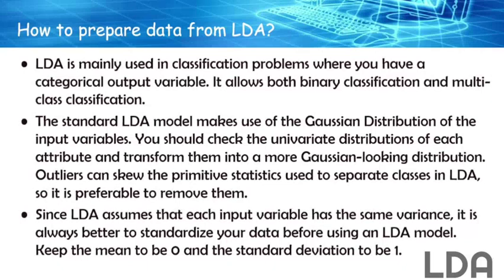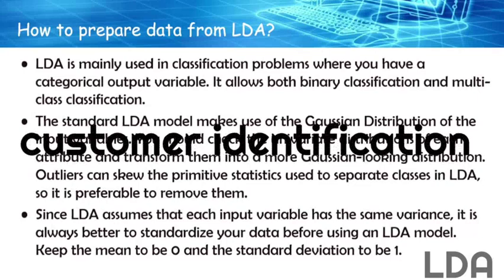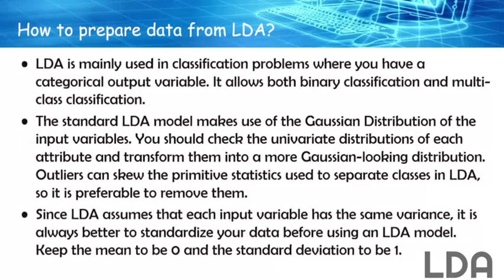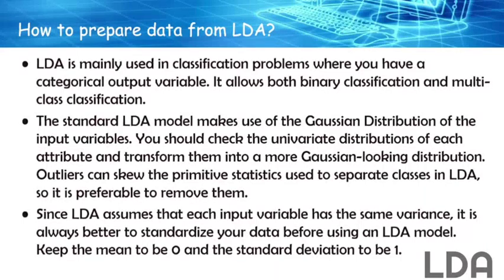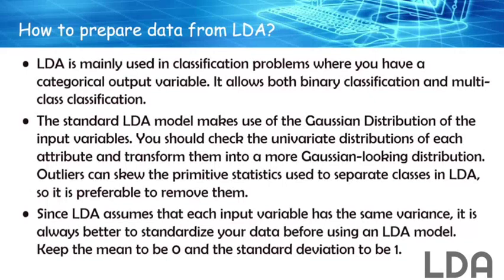Another very common application is customer identification. With the help of LDA, we can easily identify and select the features that are specific to the group of customers who are likely to purchase a specific product in the shopping mall. This helps identify the group of customers who are mostly going to purchase a product.